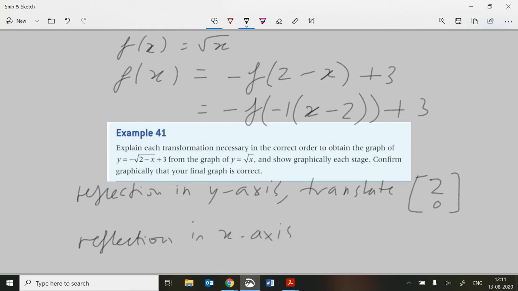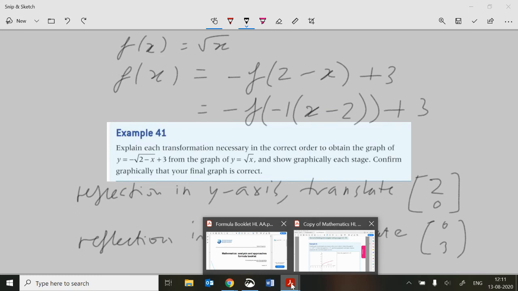All of our heights are going to become negative, or negative heights are going to become positive. And then we're going to translate by 0, 3. Now, you could deal with this by saying reflection in y-axis, reflection in x-axis, and then just translate by the combined vector of 2, 3. That would also work, and it would cut down the number of steps you need.